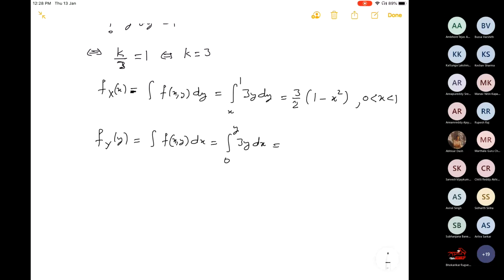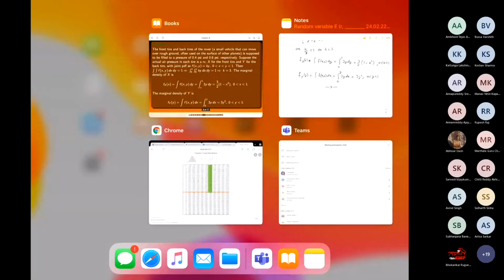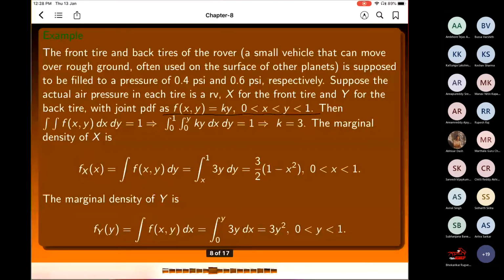So this will be 3y into x, which is from 0 to y. So 3y square. Y is from 0 to 1. So in this fashion, you can find out the marginal density of x and y.